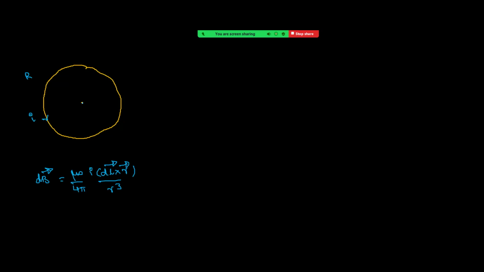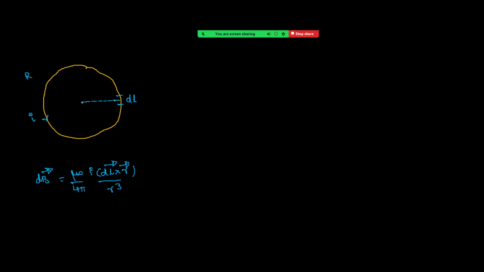So now what I'm doing here, let us consider one small element on this wire. I am taking a small part. Its length is now dl. And direction of dl bar is direction of current. Current is now like this.